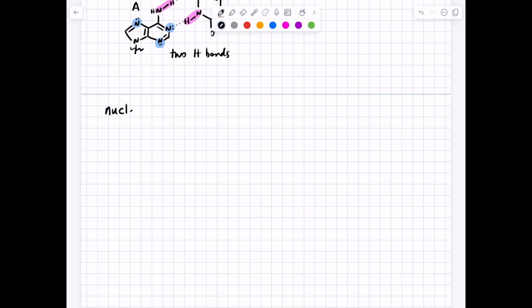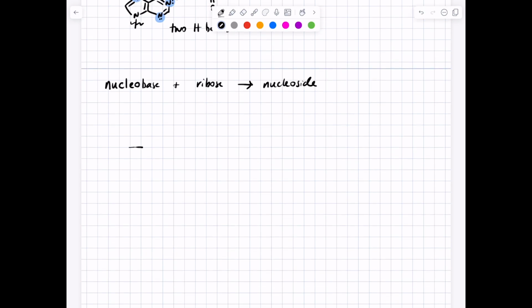If you have a nucleobase plus a ribose sugar, that's called a nucleoside. Here is the structure of ribose. It's a 5-membered ring.